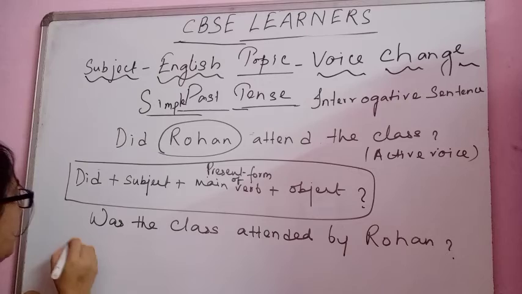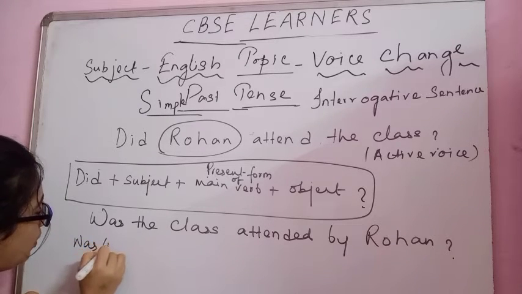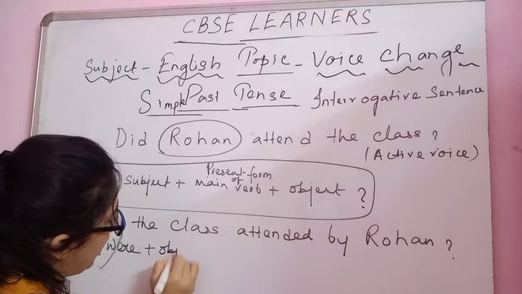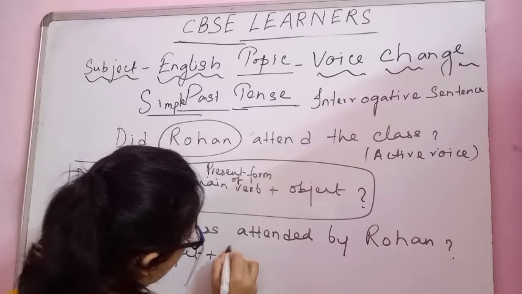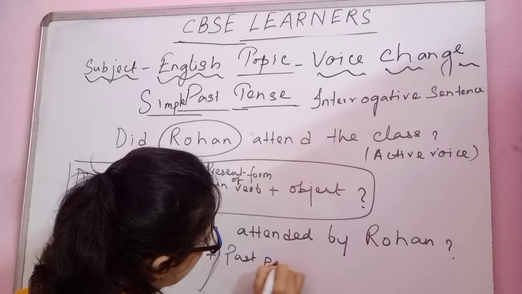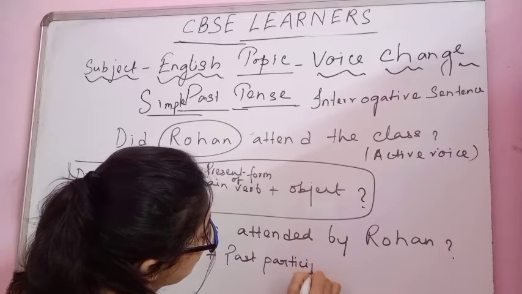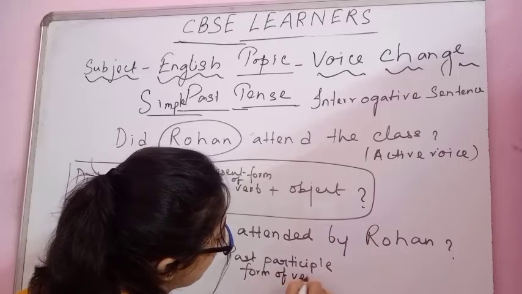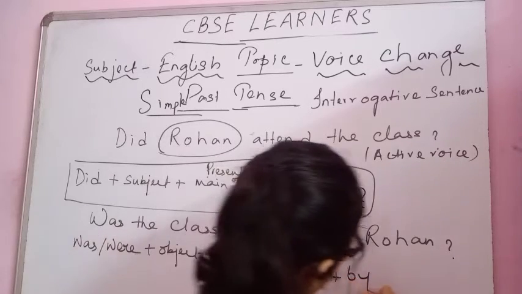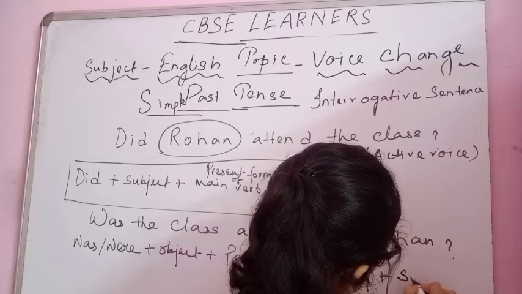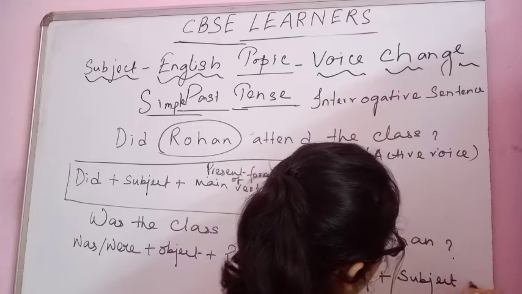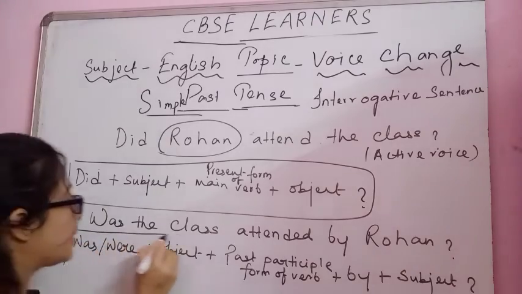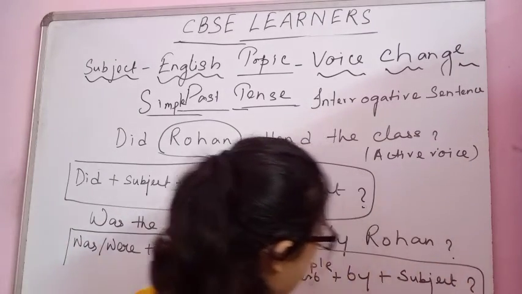Okay, so we'll be using was or were plus object plus past participle form of verb plus by plus subject with a question mark. Okay, so this is the formula in case of interrogative sentences.